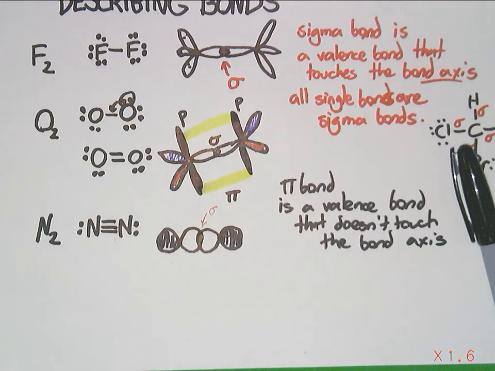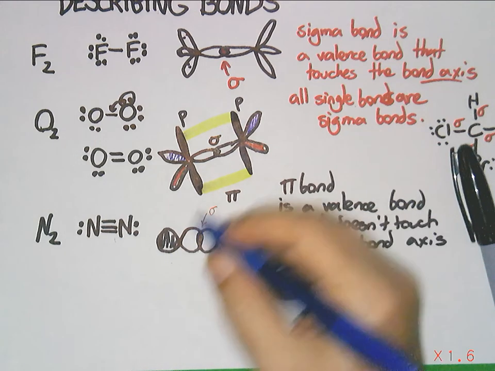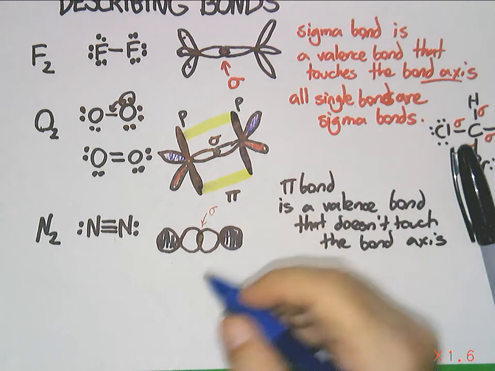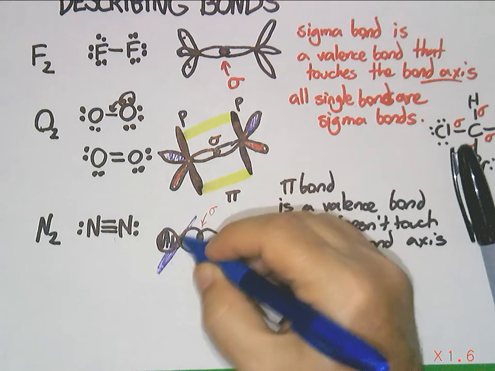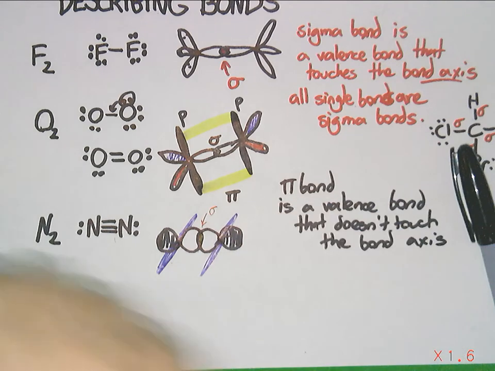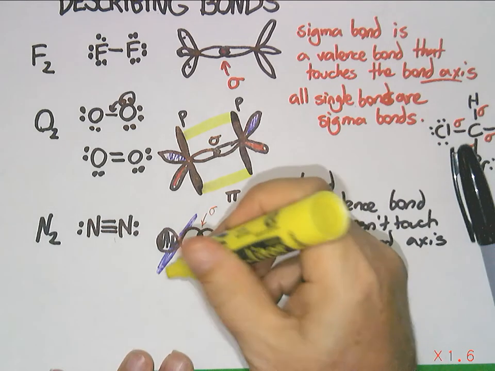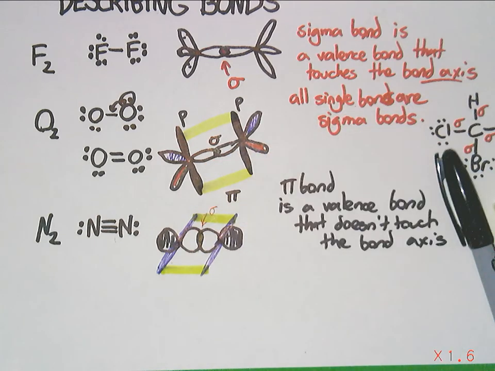Now, what about the other 2 bonds? Both of them are pi bonds, and they're formed by side-to-side overlap of the p orbitals. So now there's a p orbital that goes out this way, and that one can overlap like this. There's a pi bond there. That's 1 pi bond.